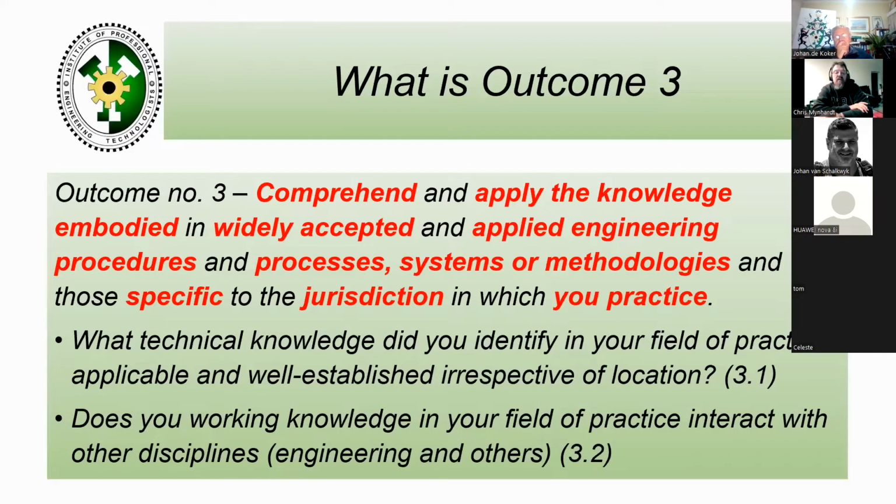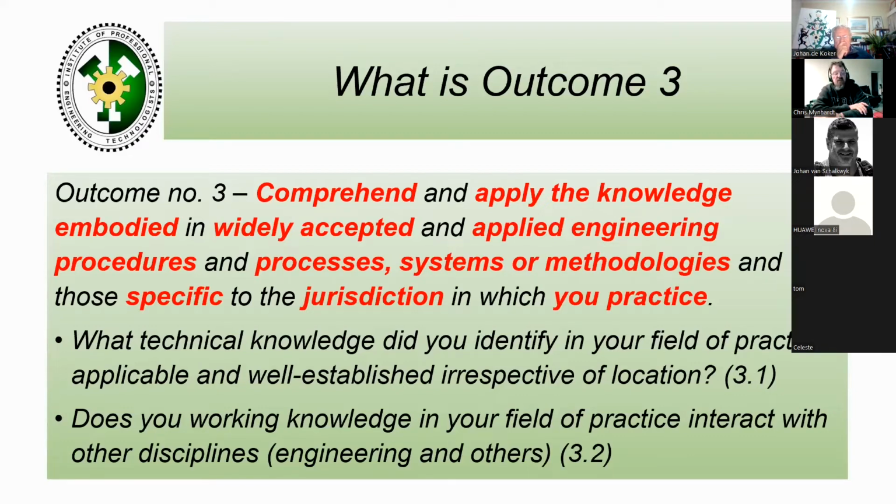Now, what is outcome 3? Outcome 3 states, comprehend and apply the knowledge embodied in widely accepted and applied engineering procedures and processes, systems or methodologies, and those specific to the jurisdiction in which you practice. So if you're doing, for instance, civil and you're doing transportation, do not try and think you can do structures.